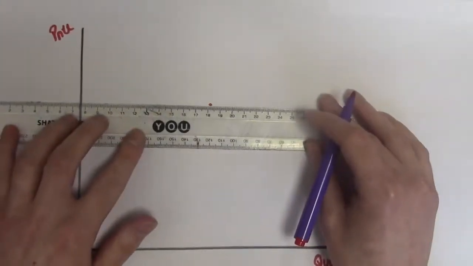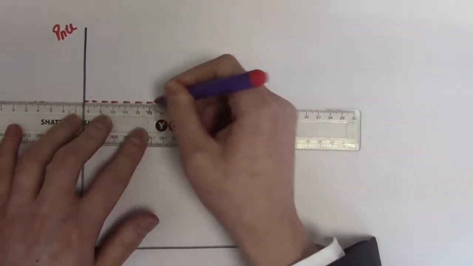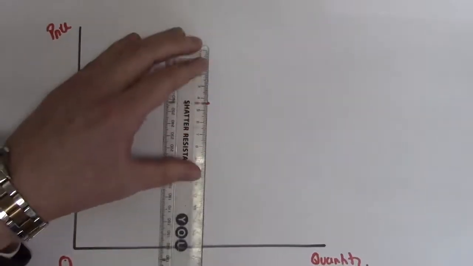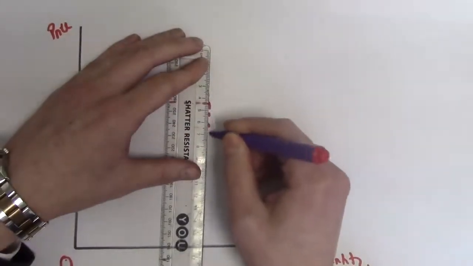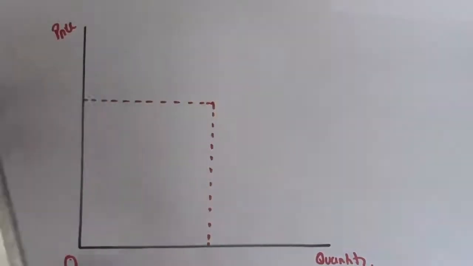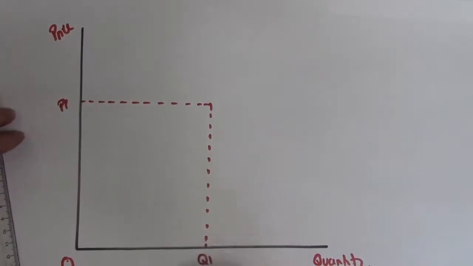First thing I want you to do is simply do your dashed lines to show our price level, and then our dashed line for our quantity level. So that becomes P1 and that becomes Q1.